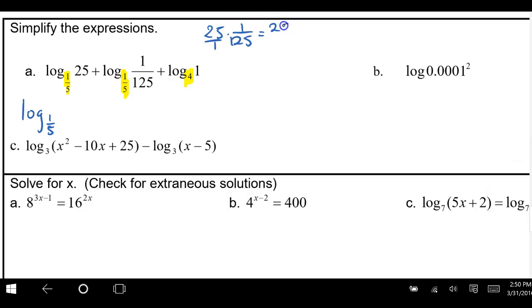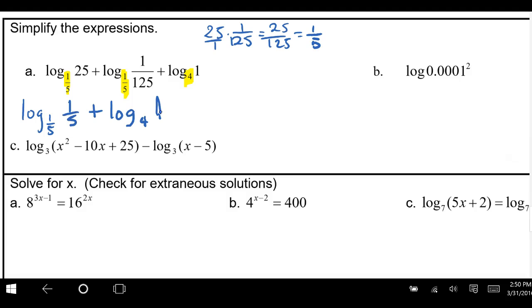So that's going to be 25 over 125. But we can also simplify that. Divide both of them by 25. And we'll get 1/5. Okay. So we'll have 1/5 here, plus the log base 4 of 1.